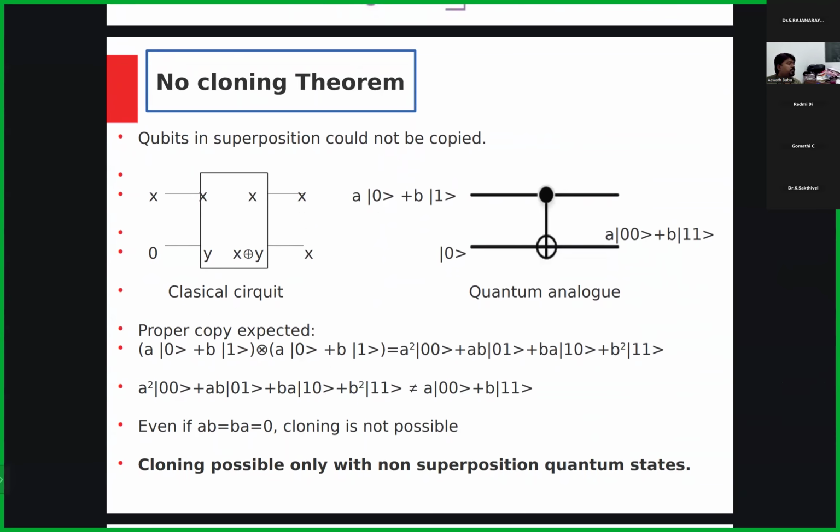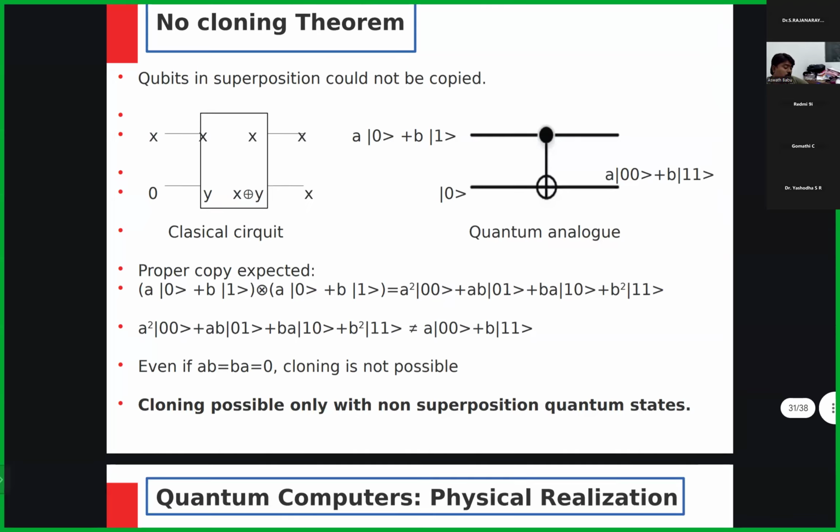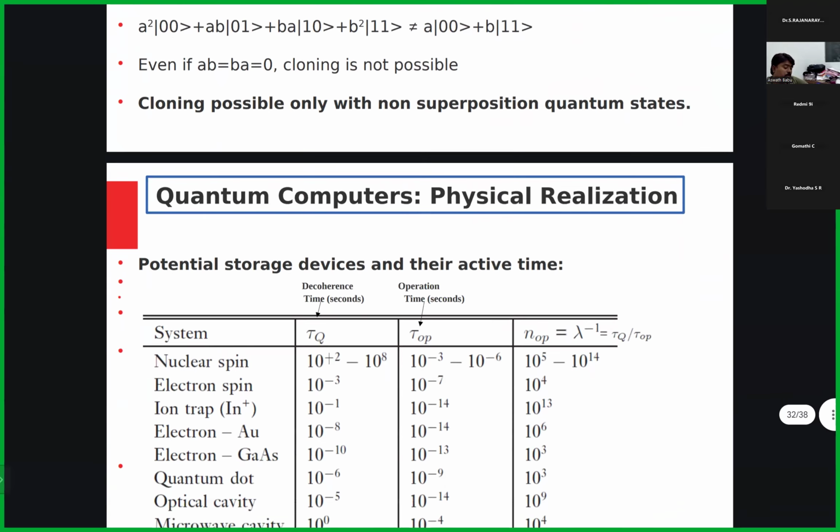In quantum systems, you can't clone quantum states. If you assume cloning is happening, it gives an absurd result; by proof by contradiction, you can show that quantum systems are never possible to clone. That is the no-cloning theorem.